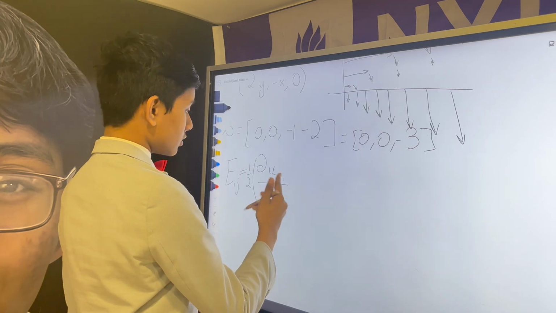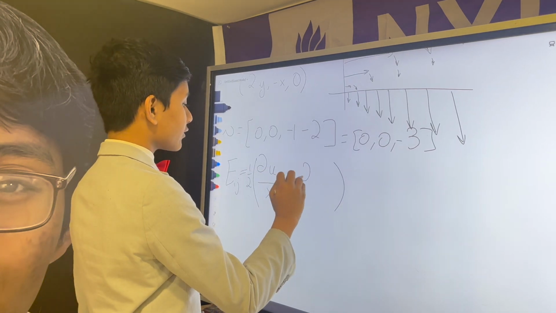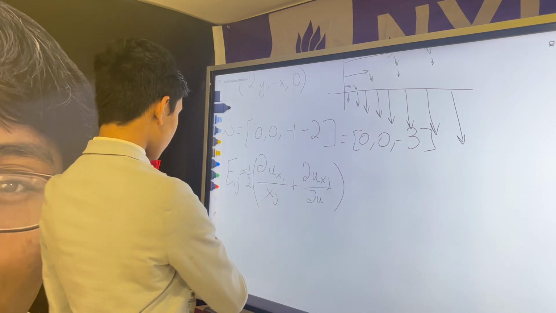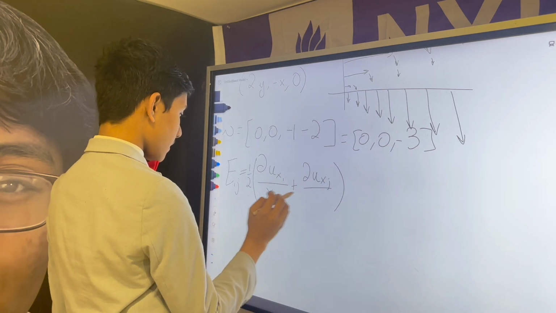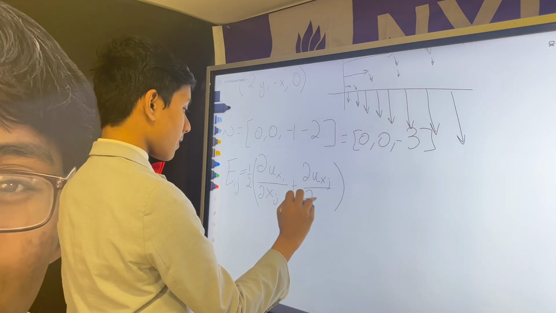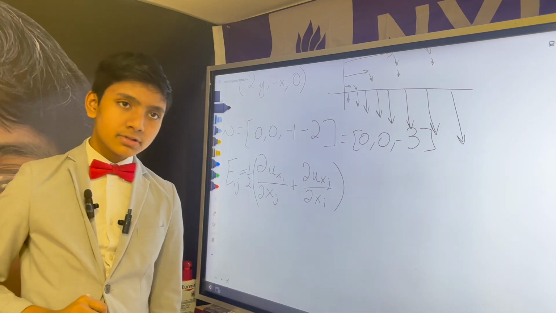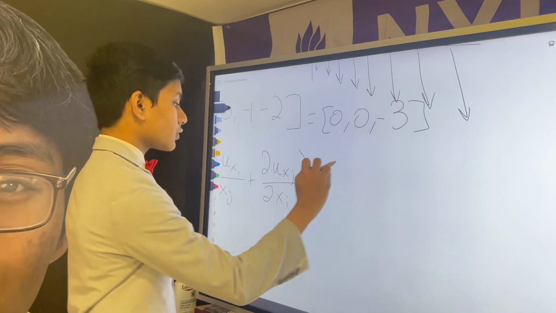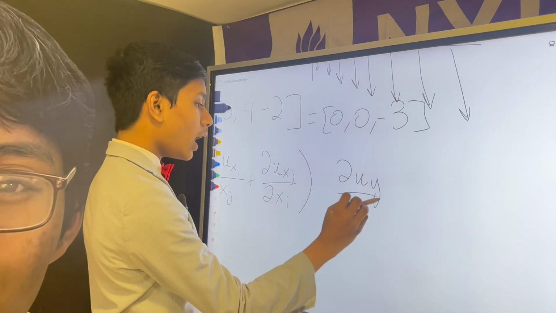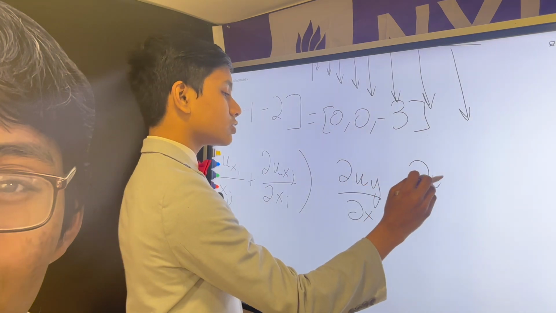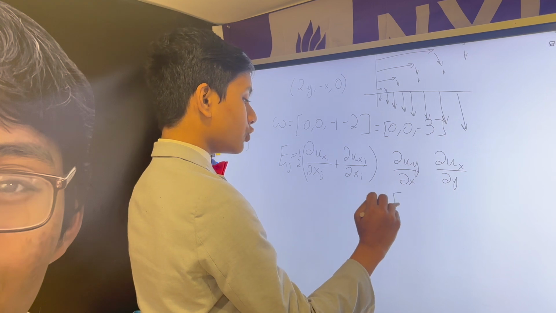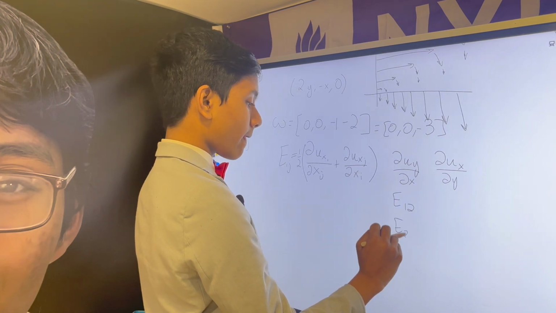But we have to also put a half and then add the transpose. So now this is only going to be non-zero, of course, when we're doing partial uy, partial x, then partial ux, partial y, which are just entries e12 and e21.